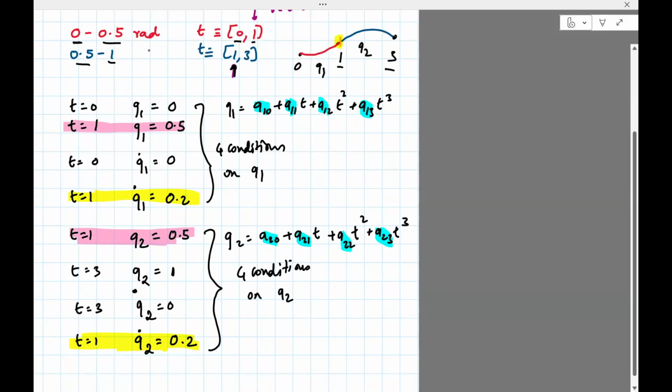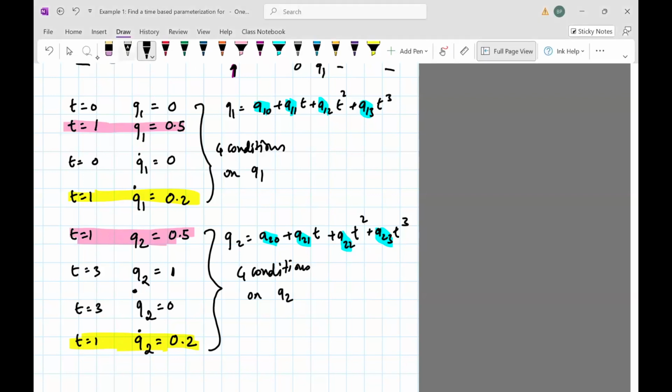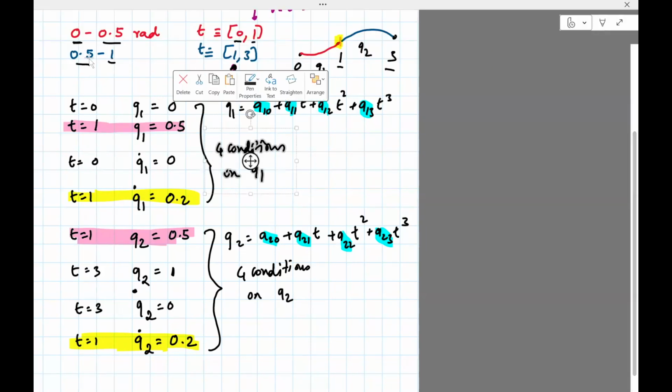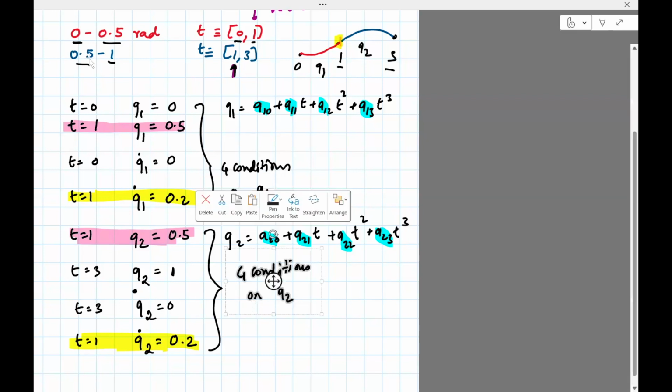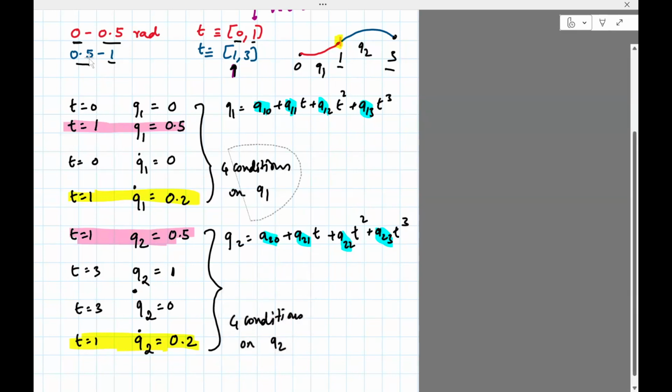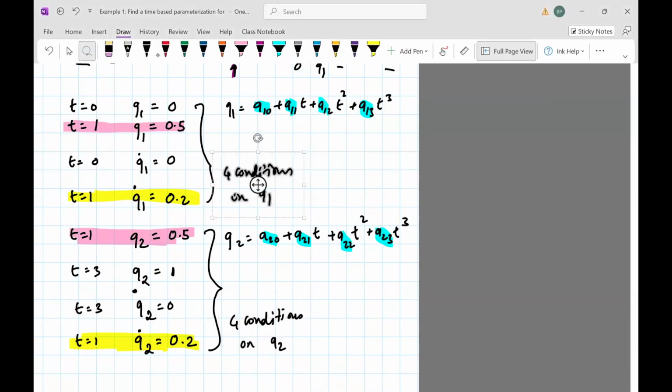Yeah, so what we would need in order to compute those constants, well, we would need to sub in the values at the distant time. We also need the derivatives, otherwise we can't ensure some of the conditions are satisfied. So we can just write the derivative right here.